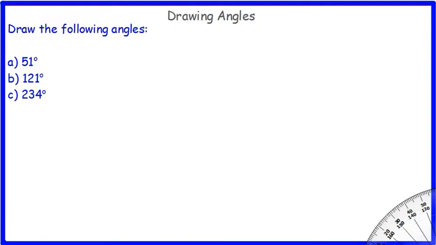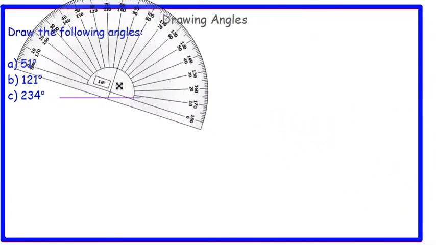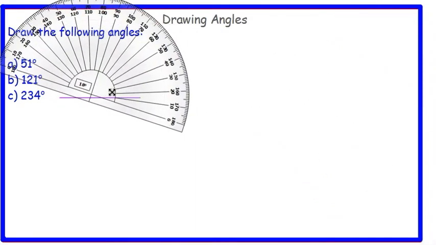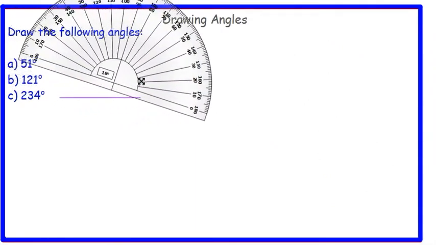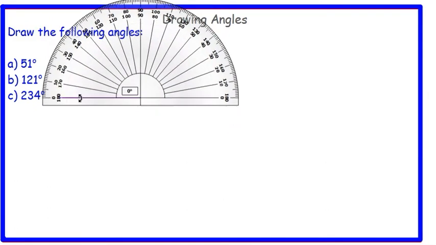Okay, you could be asked to draw some angles as well. So draw the following angles. Okay, well, I'm going to draw 51. So I'm going to put myself a straight line down to start. I take my protractor and I put it on either end. Doesn't matter which end. I'm going to put it on this end this time. I'm going to go to 51.